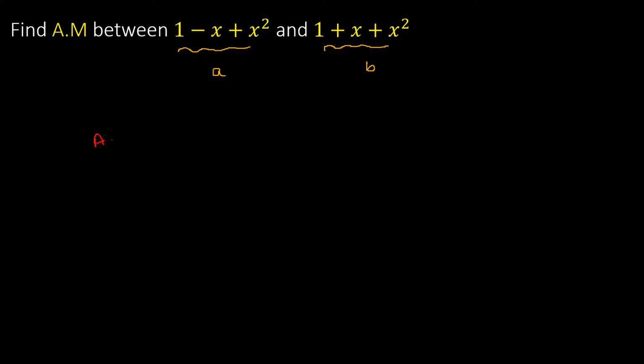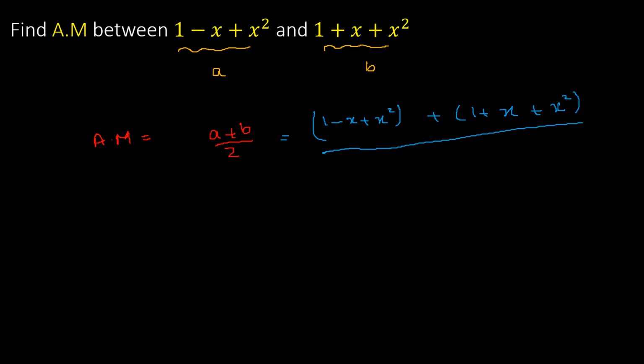We know that the arithmetic mean between any two numbers is (A plus B) by 2. So by plugging in the values, we get (1 minus x plus x square, plus 1 plus x square), and the whole divided by 2.